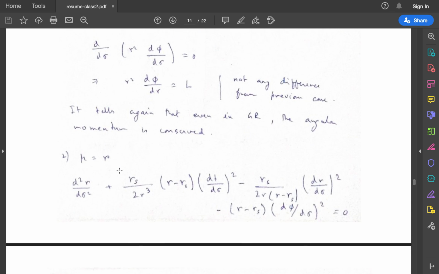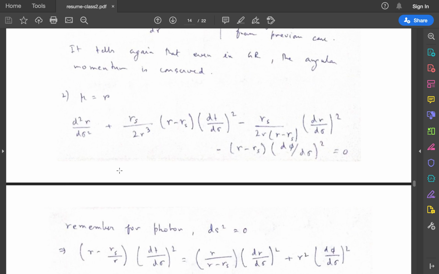However, let us next choose mu to be r. What happens if mu is r? The geodesic equation for mu equal to r is already given to you. This is a known equation which we came upon when we were trying to write down the Schwarzschild metric and find out what the coefficients of the Schwarzschild metric are, the Schwarzschild potentials.